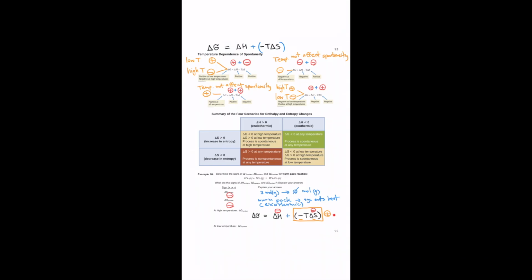This is when the reaction is dependent on the temperature. If you think about this at high temperature, if you have a high value of T, then your value of the negative T delta S would be a big value, right? Because you multiply a high temperature to delta S. Therefore, the product of this term would be a big positive value.